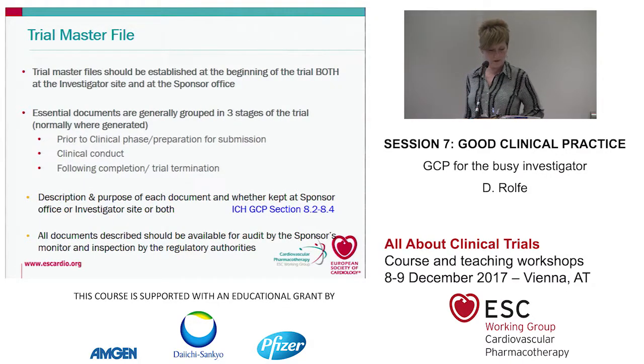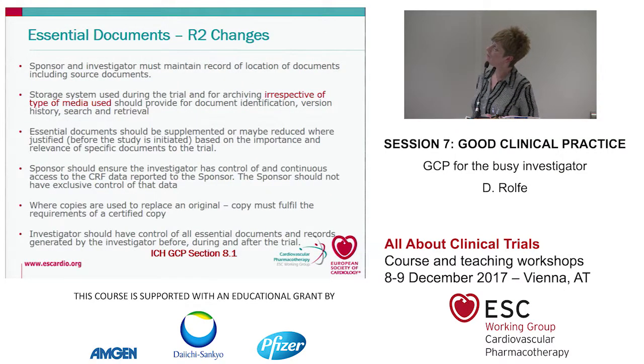All documents described should be available for audit by the sponsor's monitor and inspection by the regulatory authorities. And despite the fact that the list is very, very long in ICH GCP, it is by no means exhaustive. So there are some changes brought about by revision 2 of the GCP guidelines.